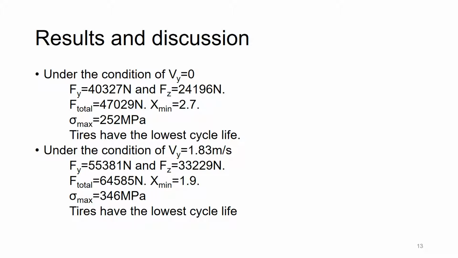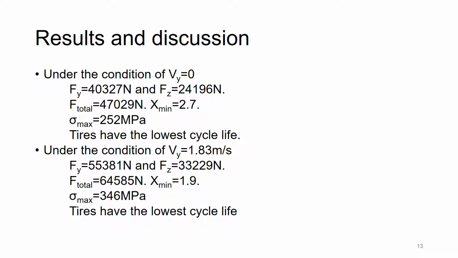And here's the result. Under the condition of Vy equal to 0, I can calculate that the force in the vertical direction is 327 Newton, and in the z direction is 24,196 Newton, which is the horizontal direction.